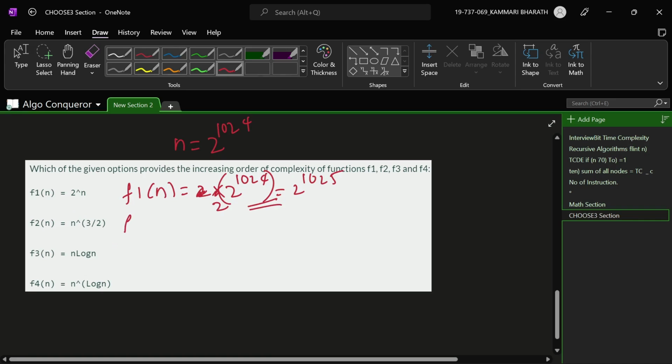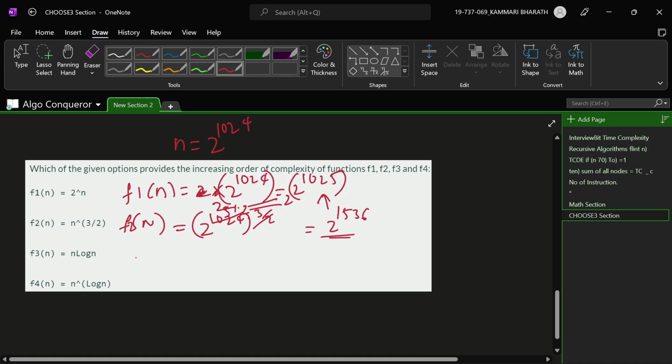And f2 of n is equal to 2 power 1024 power 3 by 2, and this gives us 2 power 1536, since 3 by 2 of 1024 is 1536. This is also a very huge value, but less than the previous one.